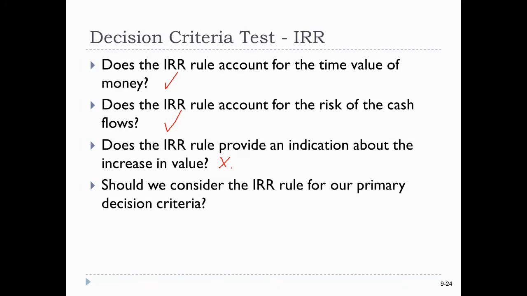So there's a little bit of a disadvantage in that. It's not usually going to reverse the decision, but there can be situations where that matters. Because of that, we probably wouldn't consider the IRR rule the primary decision-making rule, but again, it has some advantages that make it worth knowing about.